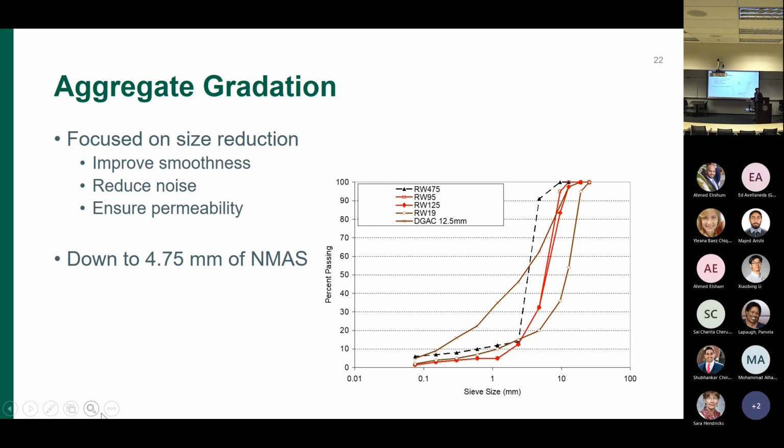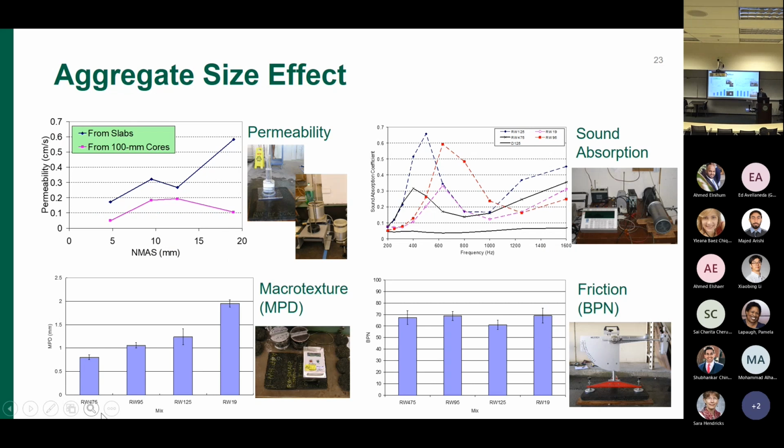In practice, nominal maximum aggregate sizes of 9.5 or 12.5 are used, but 4.75 is not widely used. Anyway, we include them in the experiments.